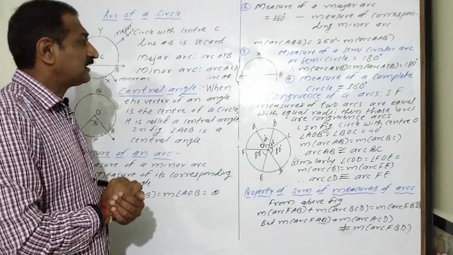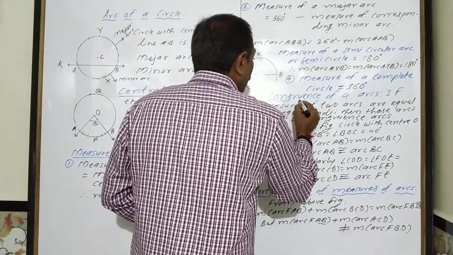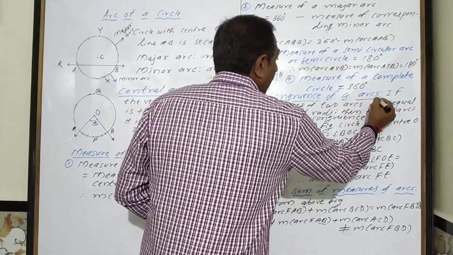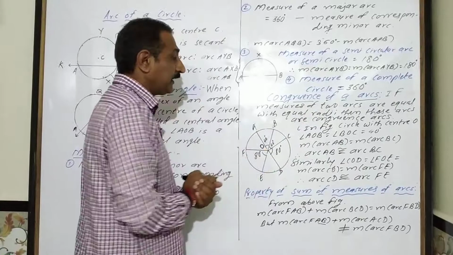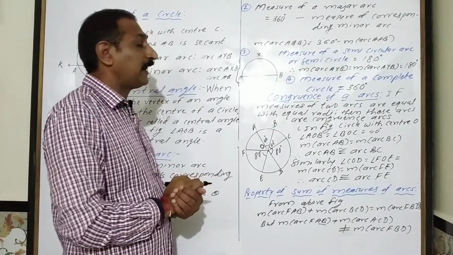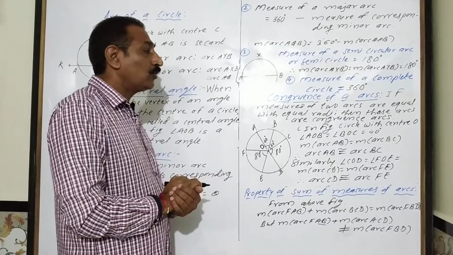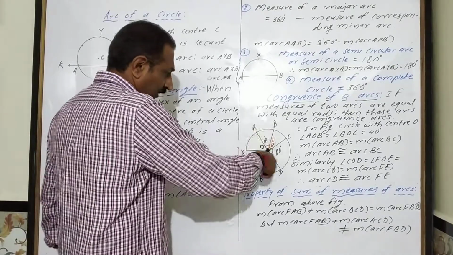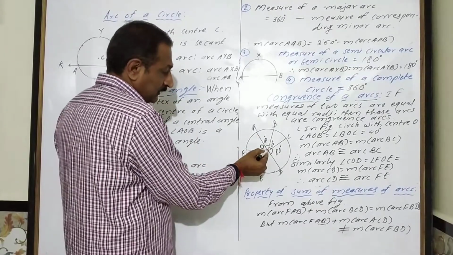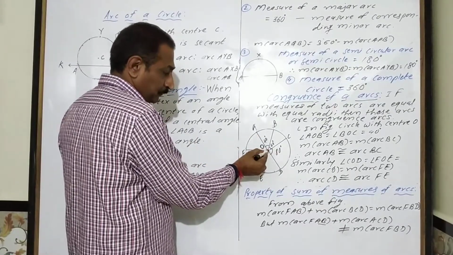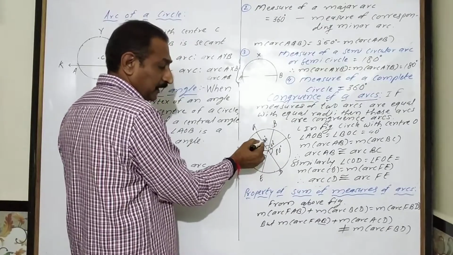Now, next concept is congruence of arcs. If the measures of two arcs are equal with equal radii, then these arcs are called congruent arcs. In the figure, which are the congruent arcs? Here, circle with center O, angle AOB is a central angle, its measure is 40 degrees.